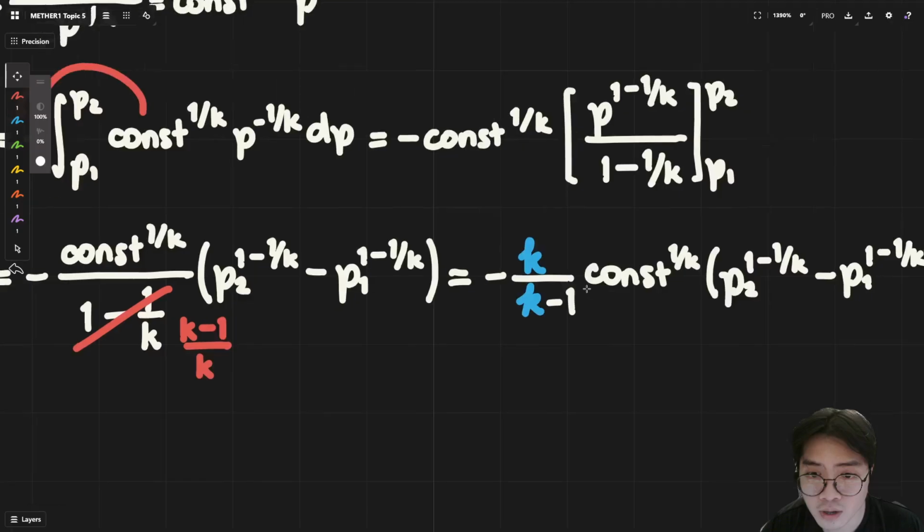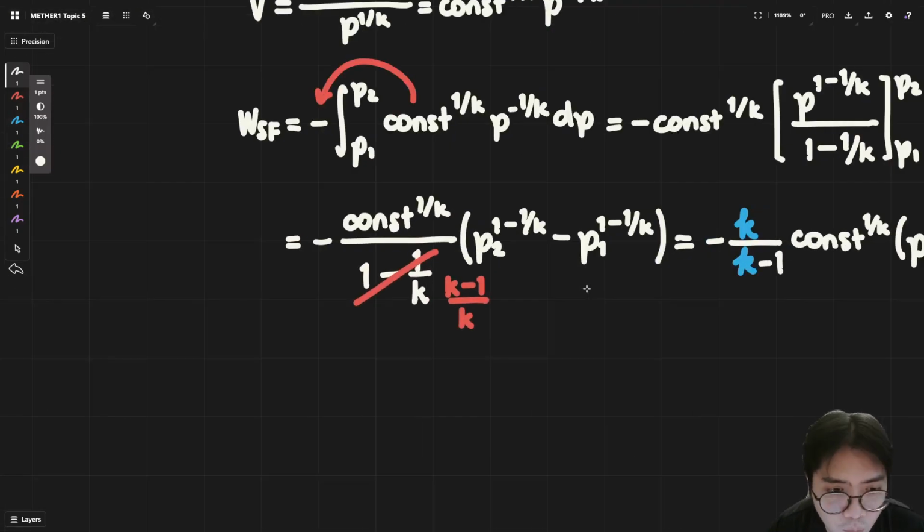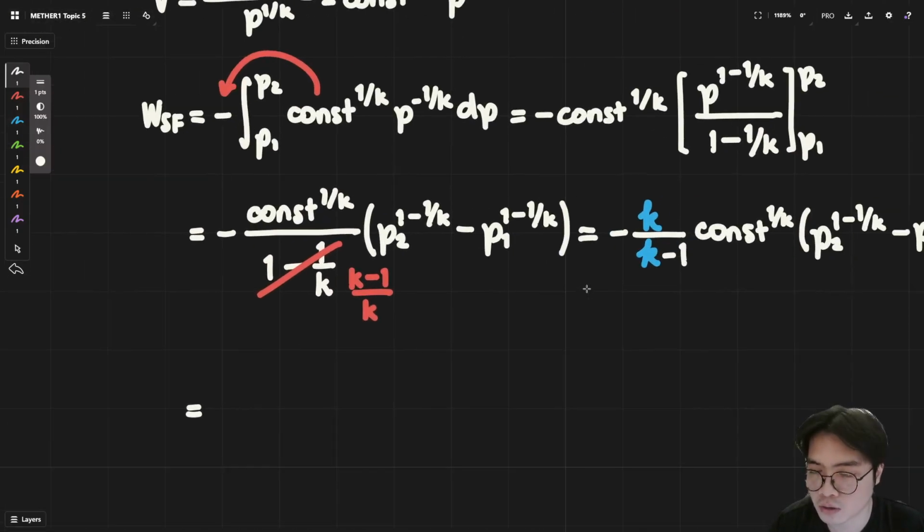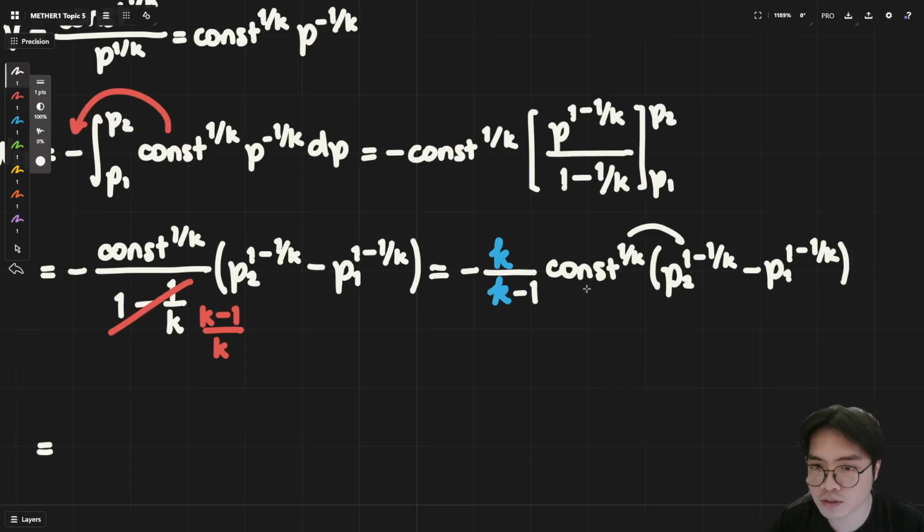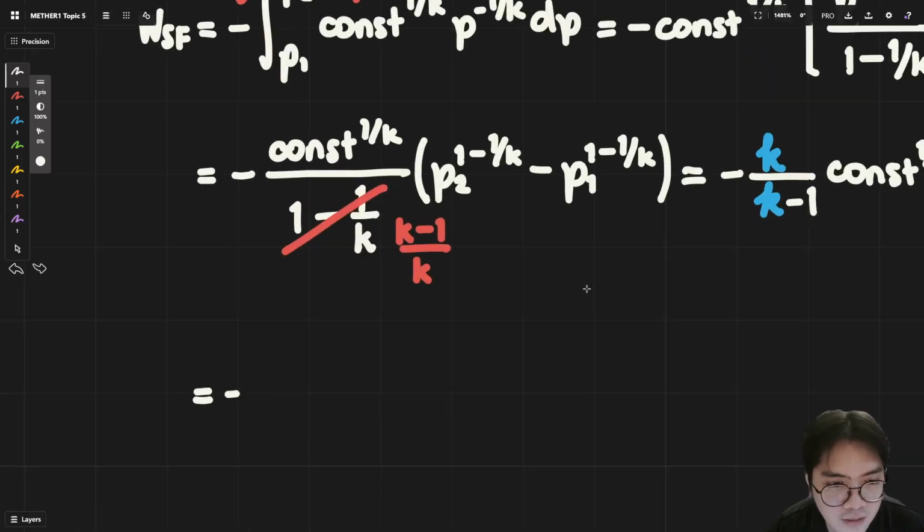What I will do is the same thing we've done before: we will distribute our constants to both terms right here, which is almost the same thing that we have seen earlier.